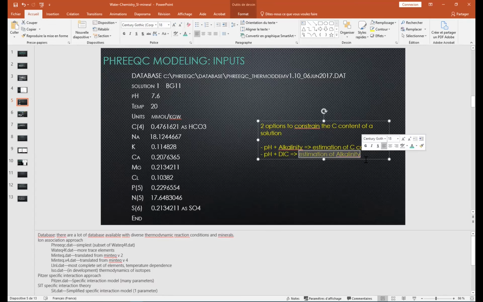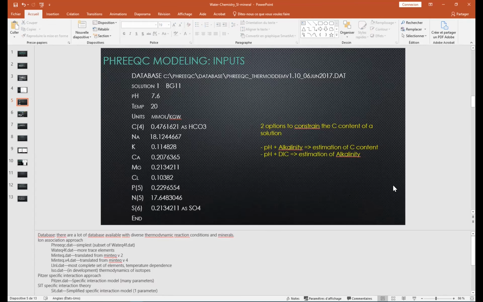You will have an estimation of the alkalinity. If you have the three parameters, it is really interesting to check if you always obtain the same results, because usually they are not really similar. When that is the case, you have to find which of the parameters is the most relevant one.